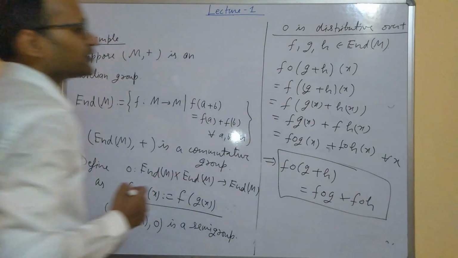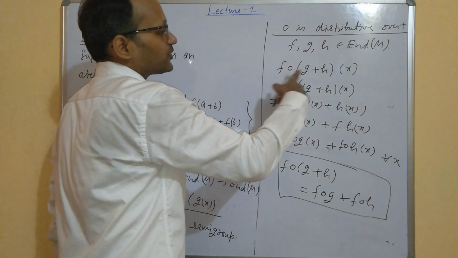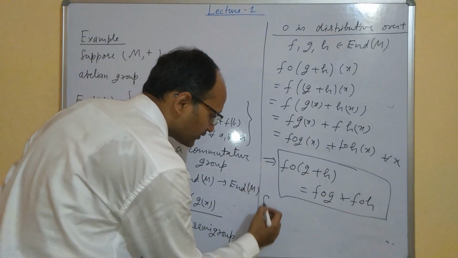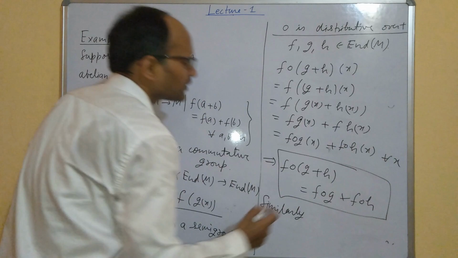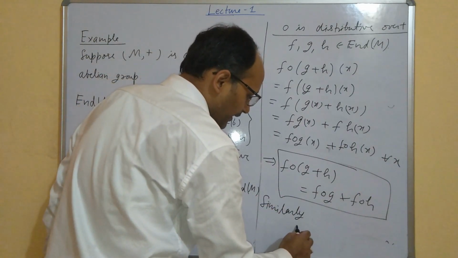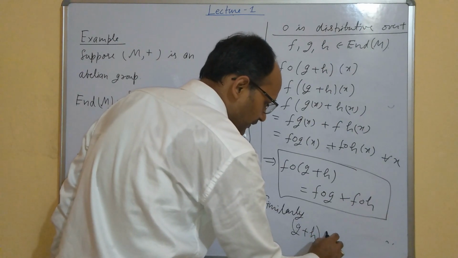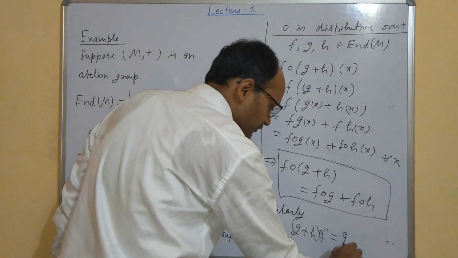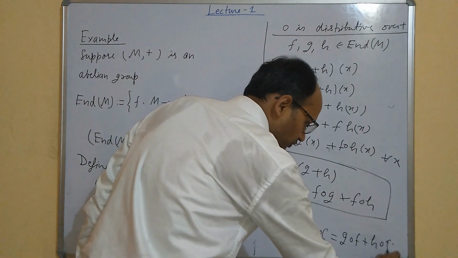So we have shown that ∘ is distributive over plus from the left, and similarly we can show that (g plus h)∘f is equal to g∘f plus h∘f.